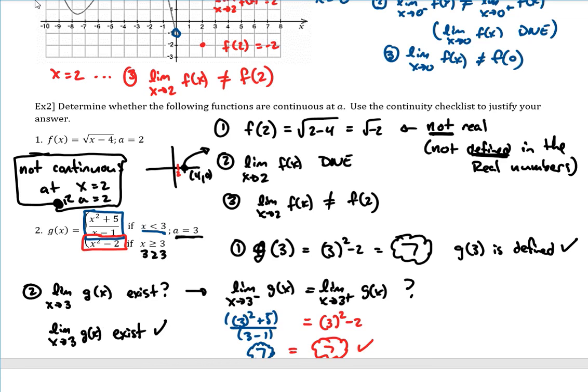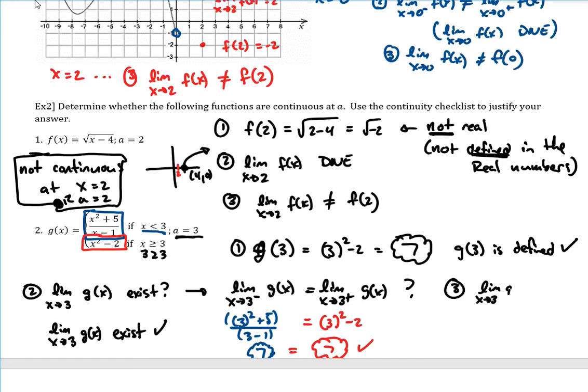Check. Okay, so step 1 and step 2 were met. Step 3, okay, so I'm going to put that over there. Our step 3 is to just check what happened with your step 1 and your step 2. Were they equal to each other? So we want to see, is this true?